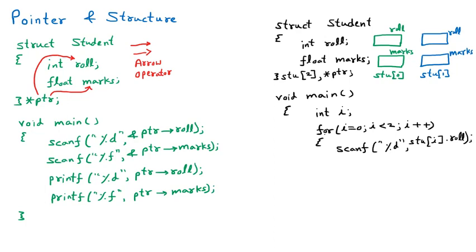What we are doing is we are taking the input via the array. Next scanf %f for the float type marks, then stu[I].marks. And because we are taking the input, we will write the address operator before that, so the and sign will be there.